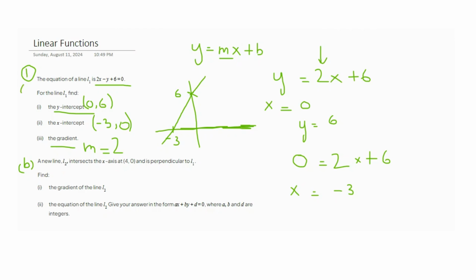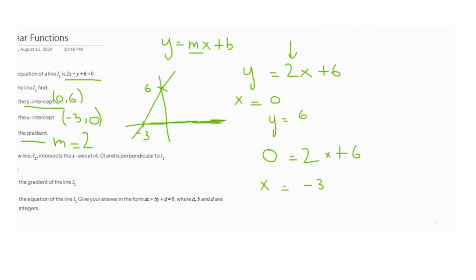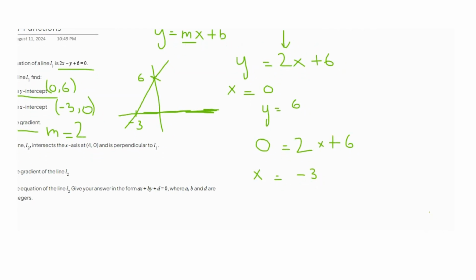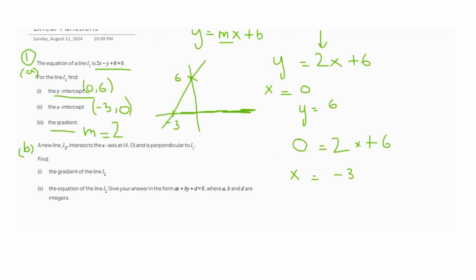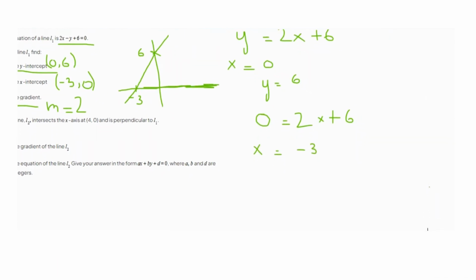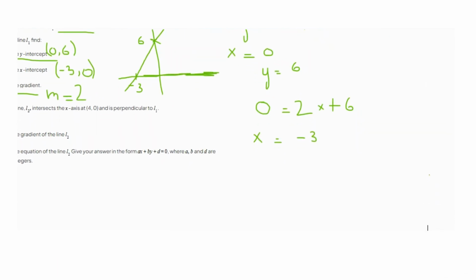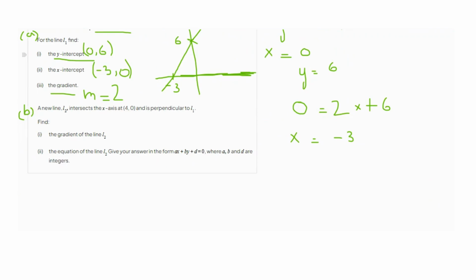Now when we look at part B, it states that there is a new line, L2, and that L2 is perpendicular to the line L1. The line that we have is L1. Now L2 is a line that is perpendicular to this line.